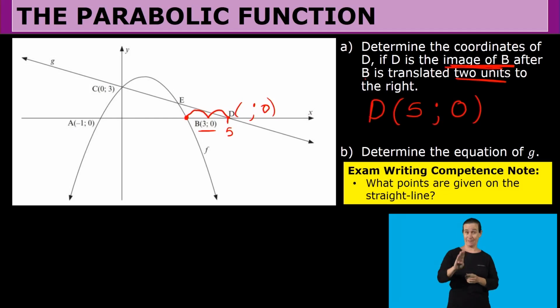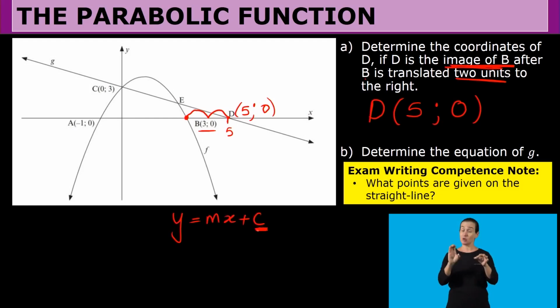It says, determine the equation of G. Now, as we can see, G is our straight line, and just like we've discussed previously, when it comes to the straight line, we need 2 points, and we already do have those 2 points. Now remember the standard form of a straight line is mx plus c.